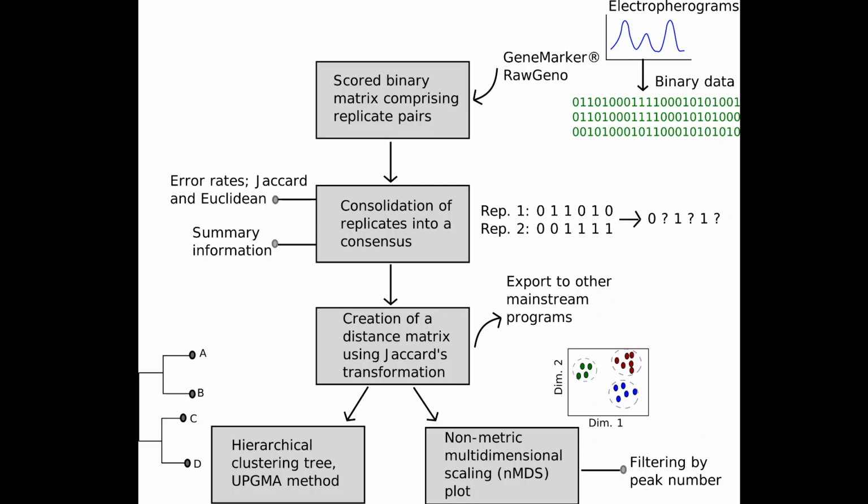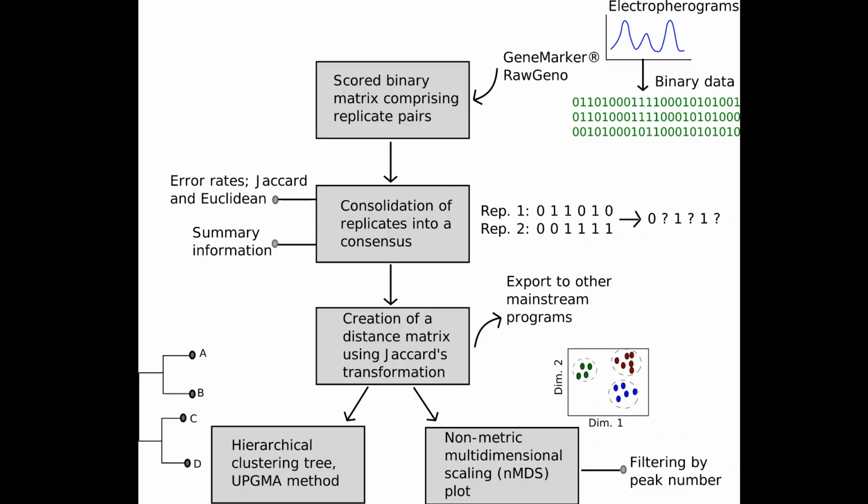And then once you have that consolidated matrix, you then create a distance matrix using the Jaccard's index. And then that transformed distance matrix can then be used to create hierarchical clustering trees and non-metric multidimensional scaling plots, for example.